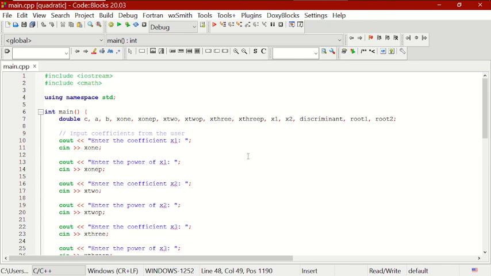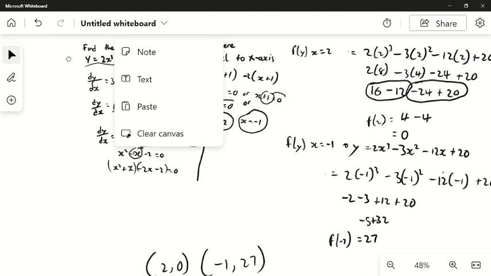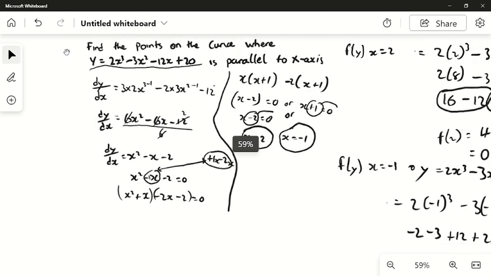So we said that the point was where y is equal to 2x cubed minus 3x squared minus 12x plus 20.